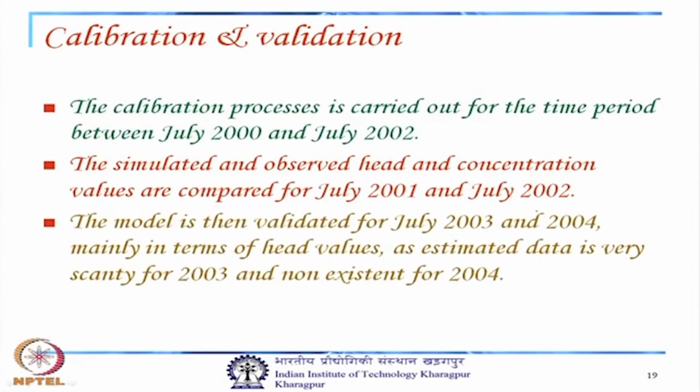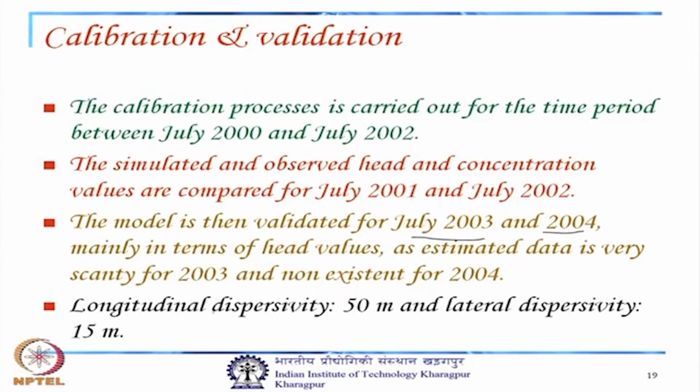The model is then validated for July 2003, 2004, mainly in terms of head values, as observed data is very scanty for 2003 and non-existent for 2004. Longitudinal dispersivity is considered as 50 meters and lateral dispersivity 15 meters.